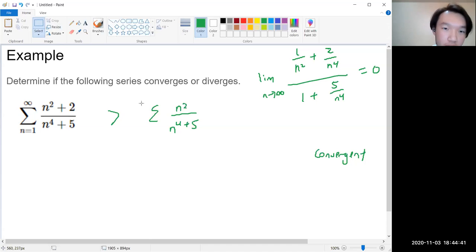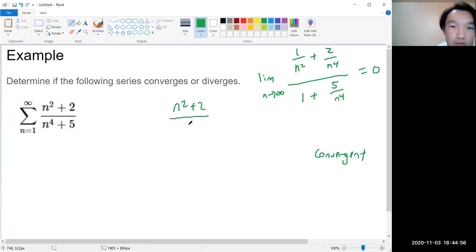So what if, instead of stripping out the 2 on top, we strip out the 5 on the bottom? Let's see what that would do. If I do n squared plus 2 over n to the 4th, would that change our inequality sign? What would our inequality sign be now?